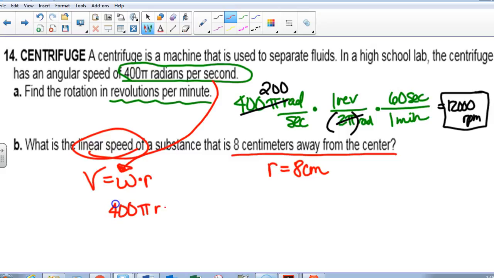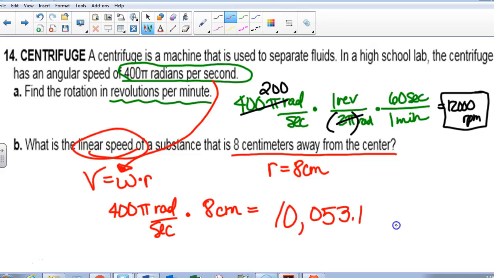400 pi radians per second times what? 8 centimeters is 3200 pi, or around 10,000 centimeters per second. Okay?